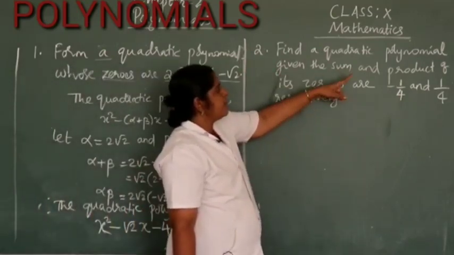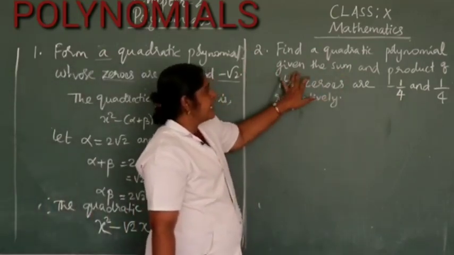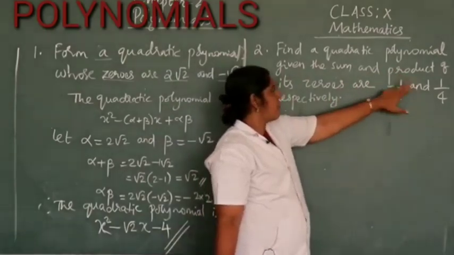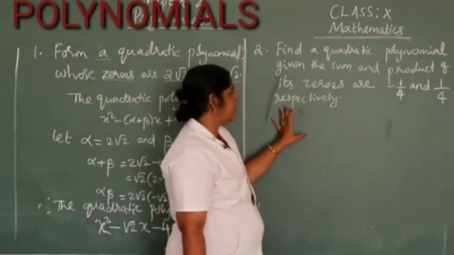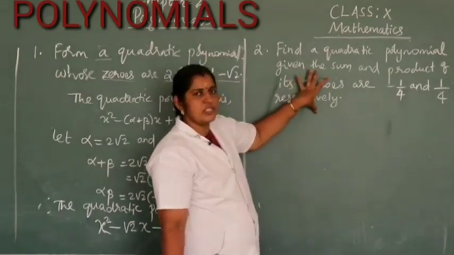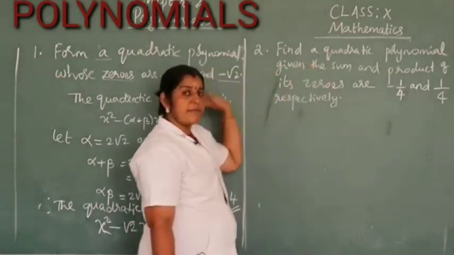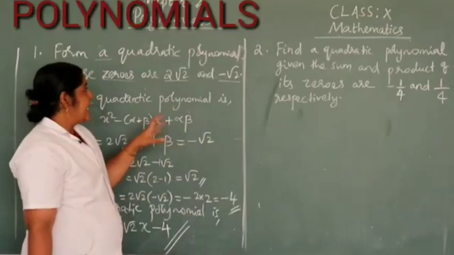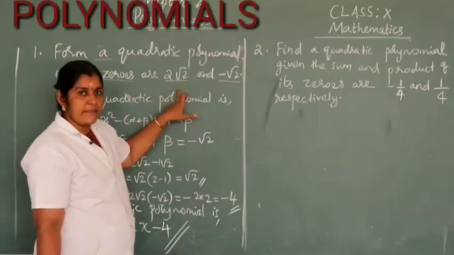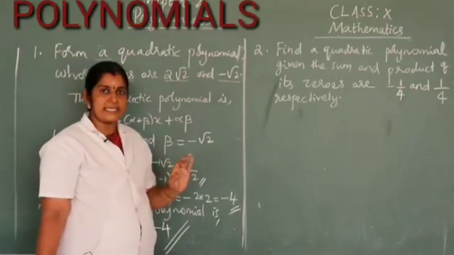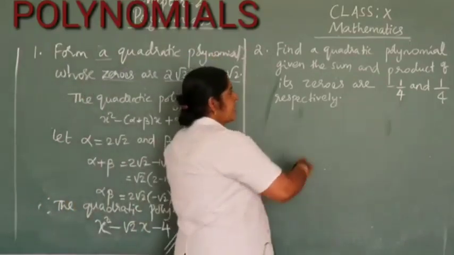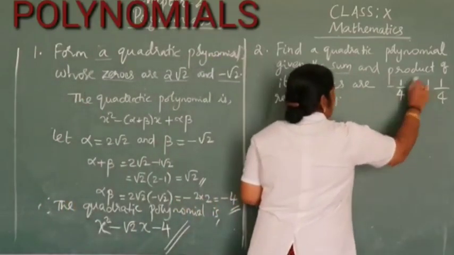Find a quadratic polynomial given the sum and product of its zeros are minus 1 by 4 and 1 by 4 respectively. So this question is different from the previous one, because in the previous question the zeros were given. This is the first zero alpha, this is the second zero beta, but here it is given the sum and product.